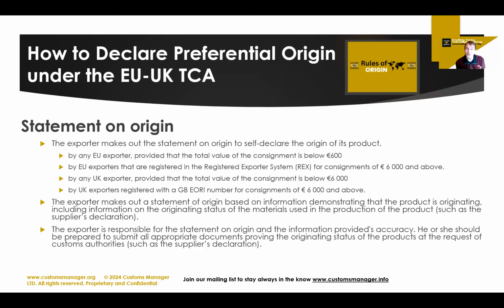So that statement of origin goes in there, and it is the exporter. People are also confused. They think they, as importer, need to put that on. It doesn't work that way. The exporter makes out the statement of origin and self-declares the origin of its product. Now, when I speak about origin, I don't mean put in, this is of German origin or of Lithuanian origin. It is of EU origin. Why?